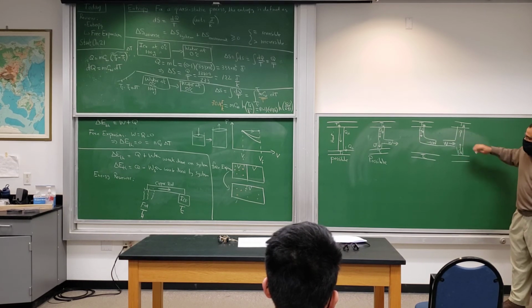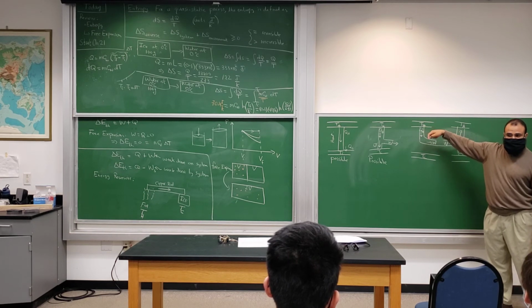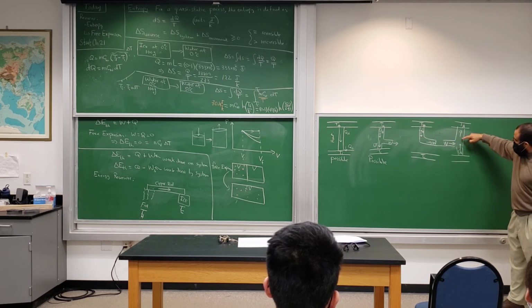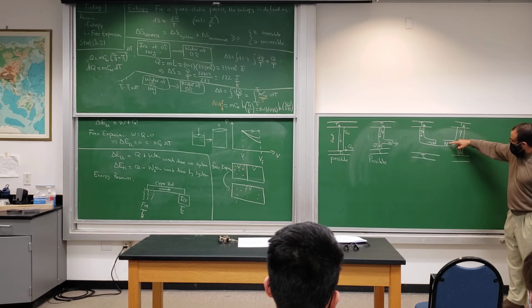But look at the net thing that's happening here. From the hot reservoir, we're taking QH, right? But what's going into the hot reservoir here is QC plus W, by conservation of energy.